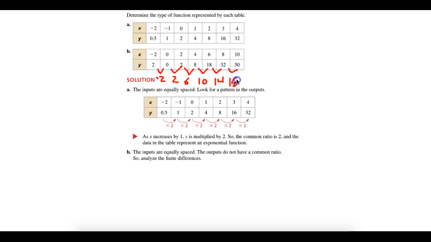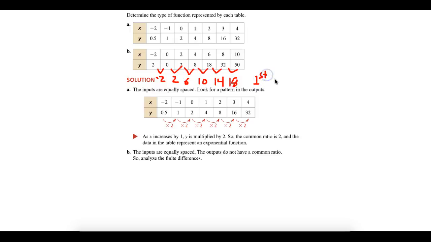Now when you're looking at these differences, we're trying to find at what level we have a common difference, and that tells us what type of function we're looking at. This is called our first difference.